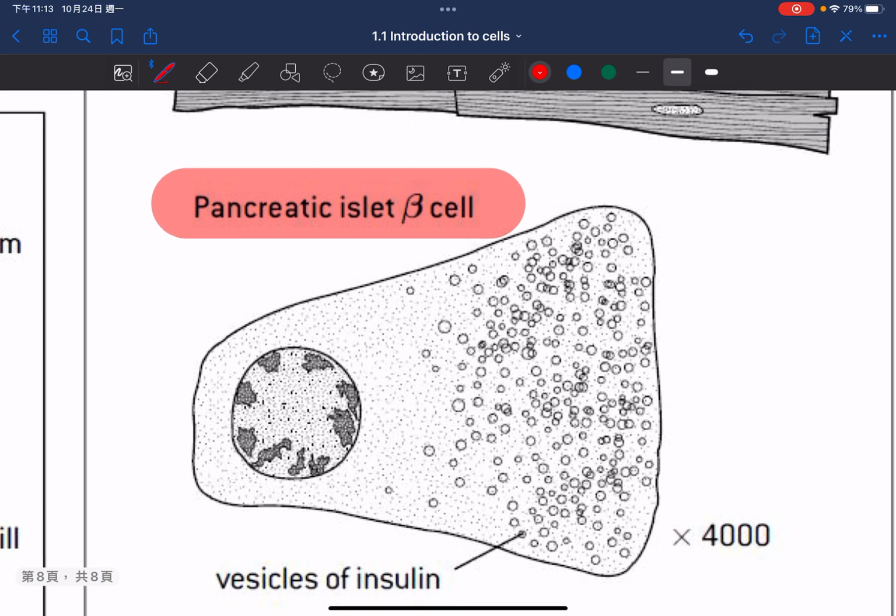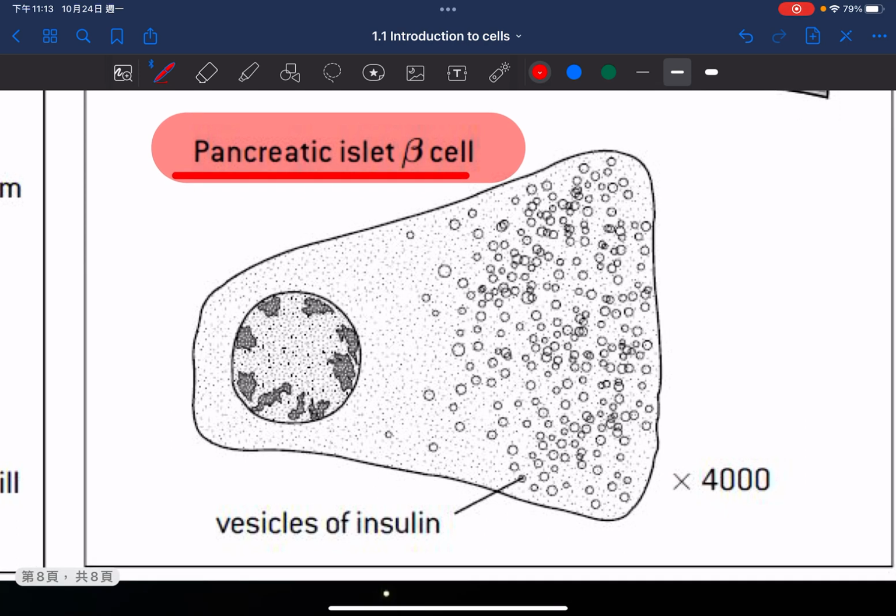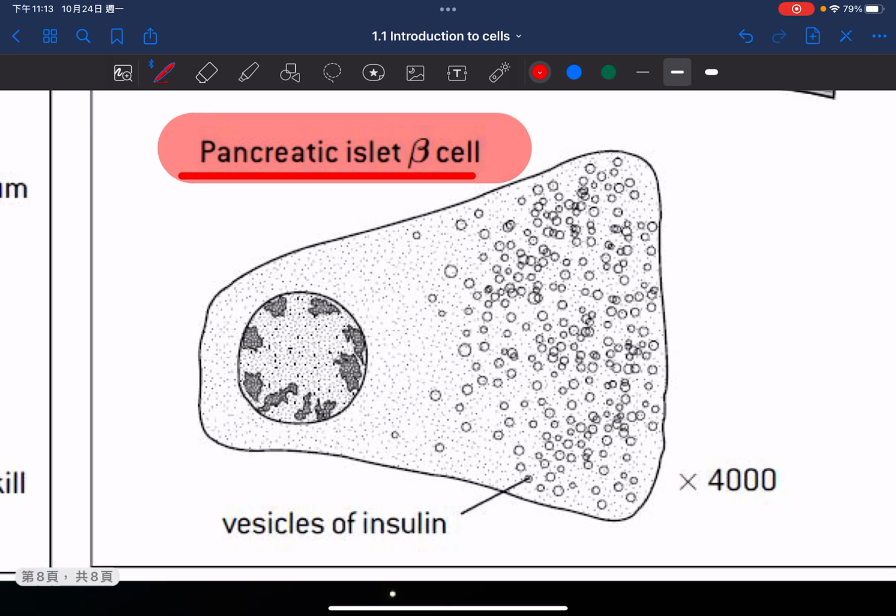Okay, and the second one is a kind of cell from your pancreas, a pancreatic islet beta cell. That means it can secrete insulin. Insulin, what's insulin? 胰岛素，胰岛素. Okay, but in the normal situation, the beta cell always tries to store the insulin inside its cell.